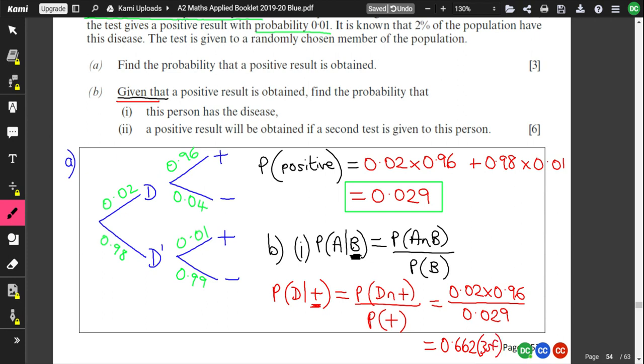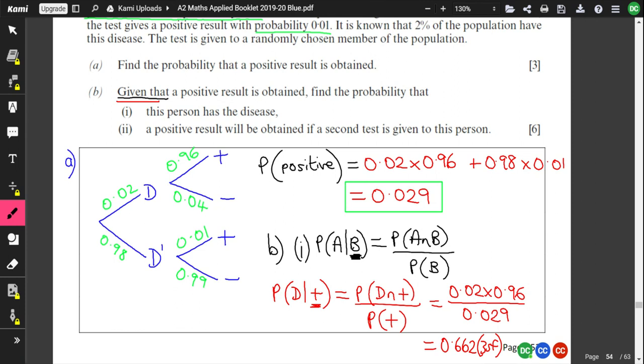So what that means is if somebody gets a positive test result, there's only actually a 66% chance they really have the disease. So roughly 1 in 3 people who get a positive test result don't actually have the disease. So maybe this medical test isn't a very good one if it's giving 1 in 3 false positives.